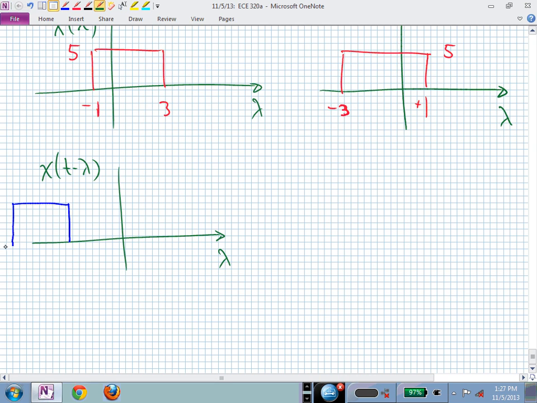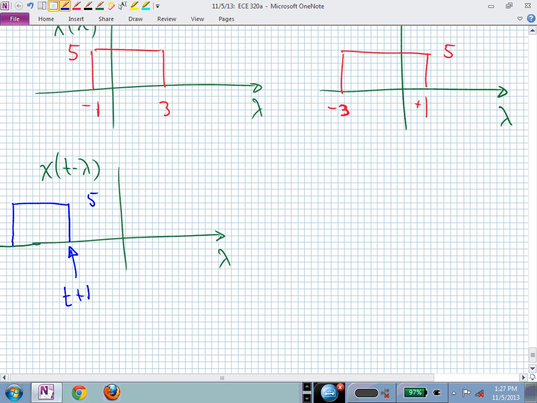And now I simply have to figure out, how do I label it? What's that particular endpoint? I need to keep track of that, and that will be a function of t. If t is equal to 0, that blue picture better line up with that red picture, minus 3 and 1. So what's the right-hand side of x of t minus lambda going to be? t plus 1.